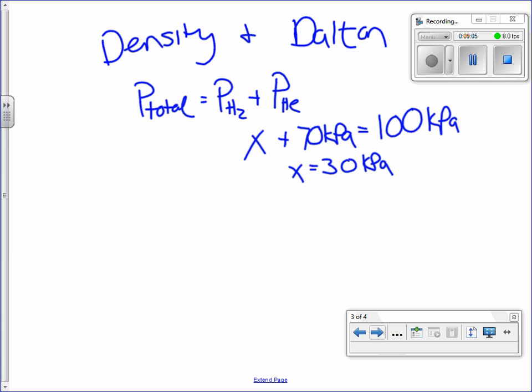The last way to do Dalton's law, the other way, is with a mole fraction. And don't let the fact that it's mole fraction scare you, okay? It is just the percentage. How many of the particles are hydrogen? How many of the particles are helium? So if I have 2 moles of hydrogen and 1 mole of helium, I have 3 moles of gas total.